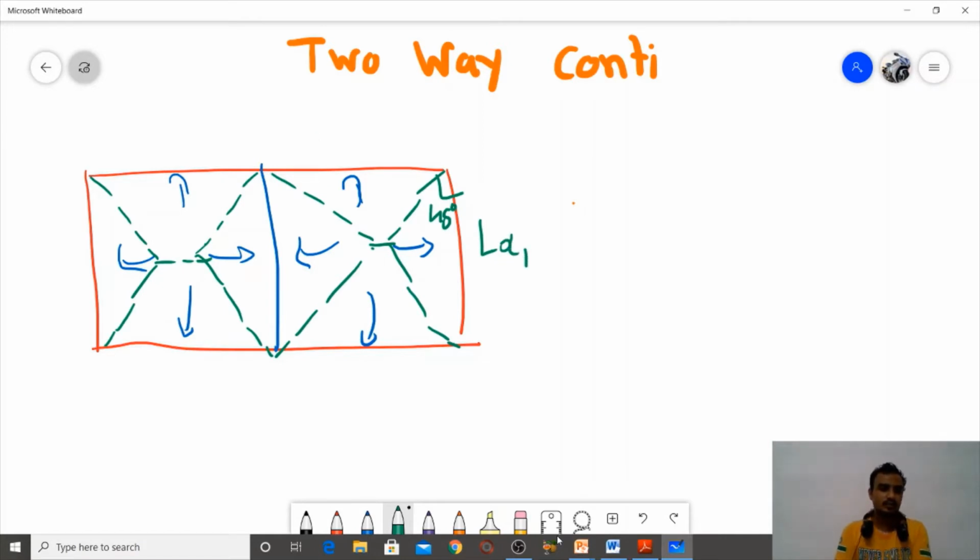Here is LX1, here is LY1, here is LY2, here is LX2.